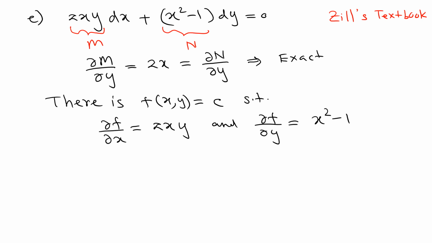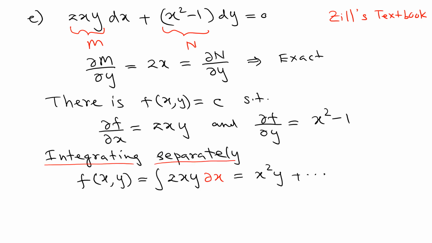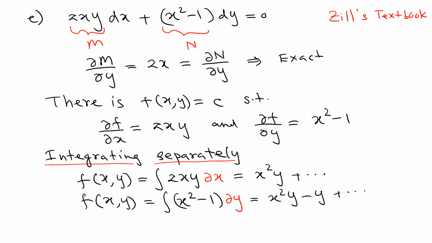Now we integrate them separately, and we get x squared y plus some terms. We can just write three dots. From the second one, with respect to y, you get x squared y minus y and some terms. Now we pick the common one and the uncommon one.